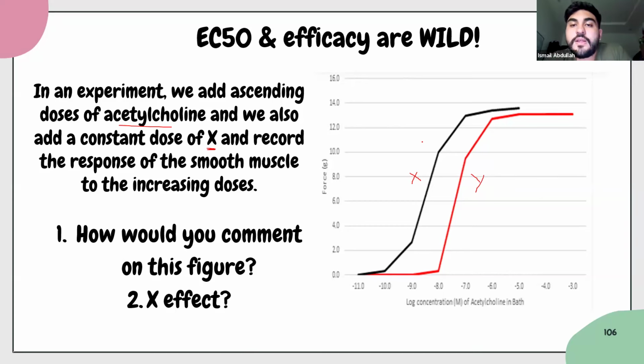So what happens here? Efficacy is unchanged. They're almost the same. Potency definitely did change because there's a right shift, right? There's a right shift that's happening. So potency decreased definitely. So the effect of adding X is that it is a competitive antagonist. Is this clear?